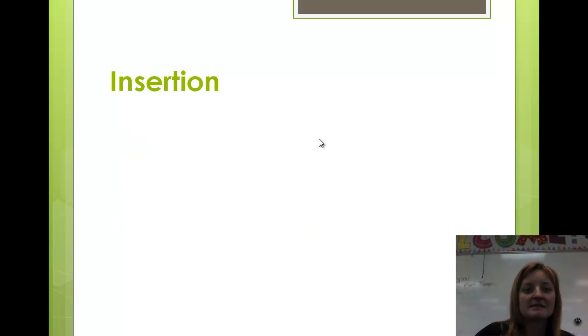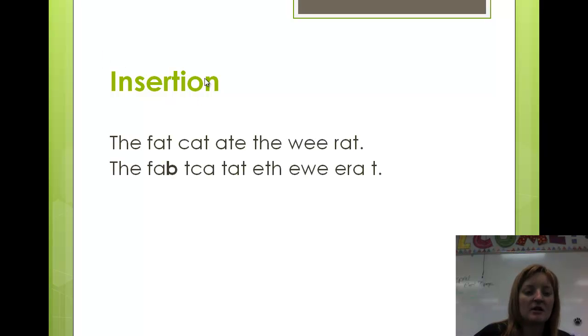All right, insertion. This comes from the word insert, or to put in between. So here we have the fat cat ate the wee rat, our original DNA strand, and now we are changing that to the fab cat ate the wee rat, shifted. Well, that doesn't make very much sense at all.